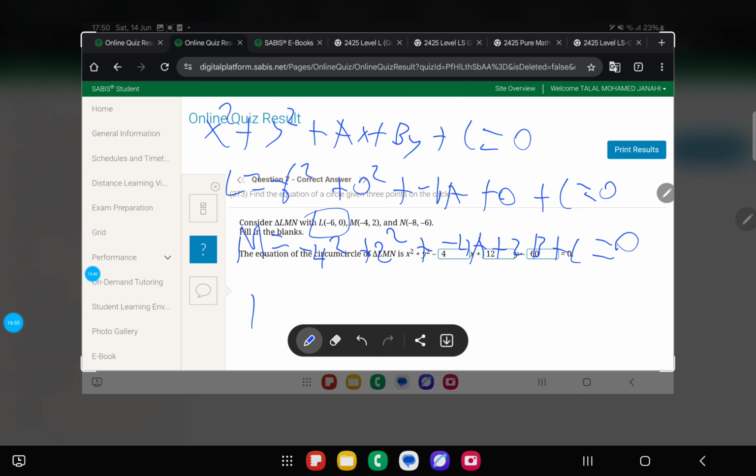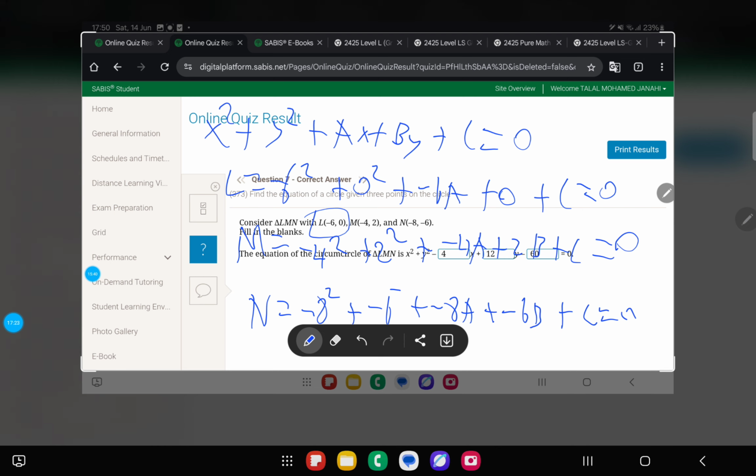Now for the last one, N: negative 8 squared plus negative 6 squared plus negative 8a plus negative 6b plus c equals 0. So what we're doing here is just substituting.